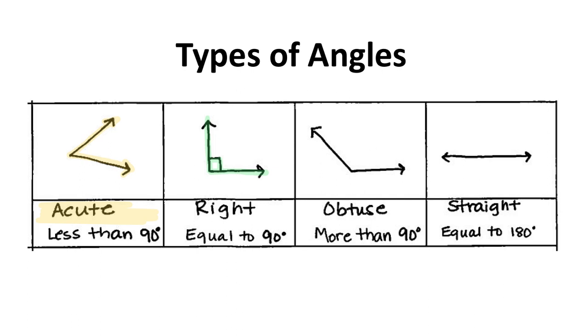A right angle is always going to be 90. You have an obtuse angle. An obtuse angle is going to measure more than 90 degrees. And then you have a straight angle or a straight line. The measurement of a straight line is always going to be 180 degrees.